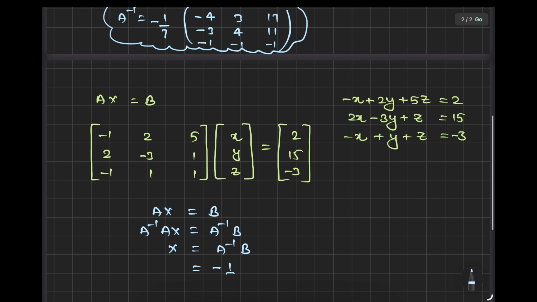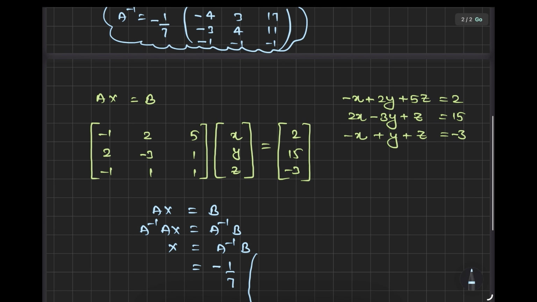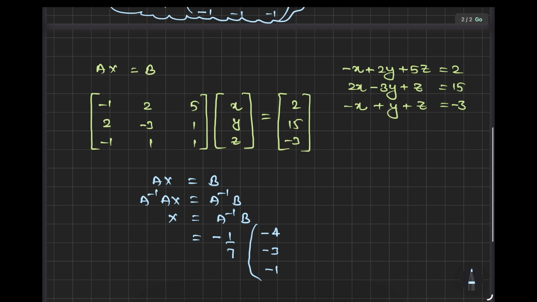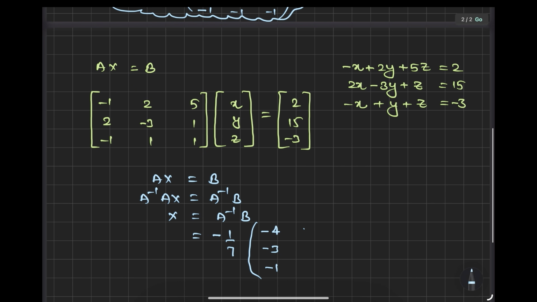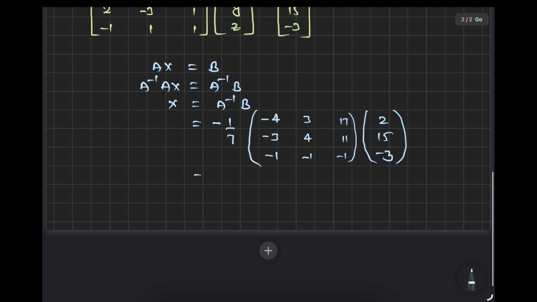Now you already know who is A inverse. So minus 1 by 7, and I will be using A inverse: -4, -3, -1, 3, 4, -1, 17, 11, -1. So this is your A inverse. Now we will use B: 2, 15, -3. Let's multiply.